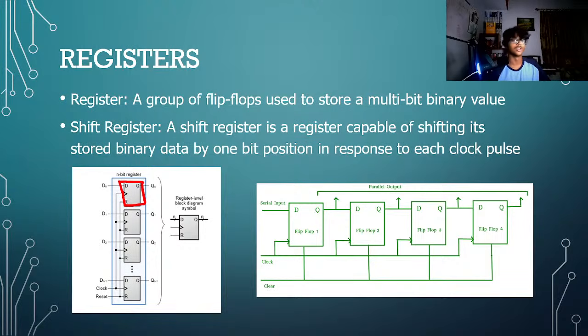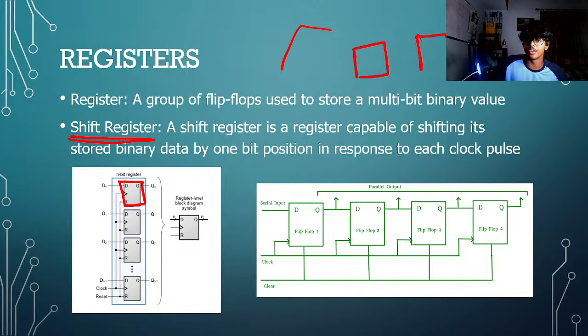Now a shift register, on the other hand, is nothing but a register which is capable of shifting its stored bit data by one bit position. That's a bunch of words, I'll tell you what it means.